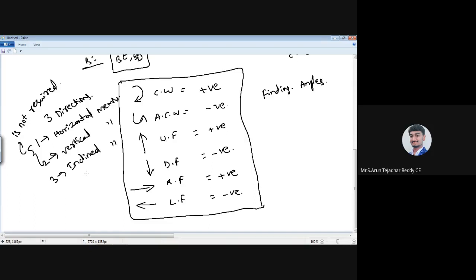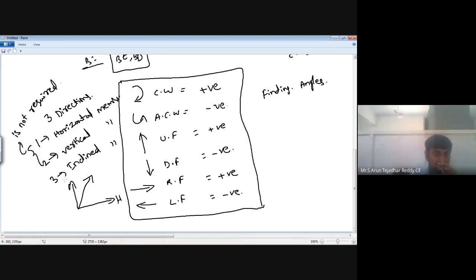Suppose it is an inclined member. One example: this is your problem. In this problem, this is your horizontal member, this is your vertical member, and one more direction is there, that is the inclined member. Whenever we are calculating the inclined members, definitely the angle is required.